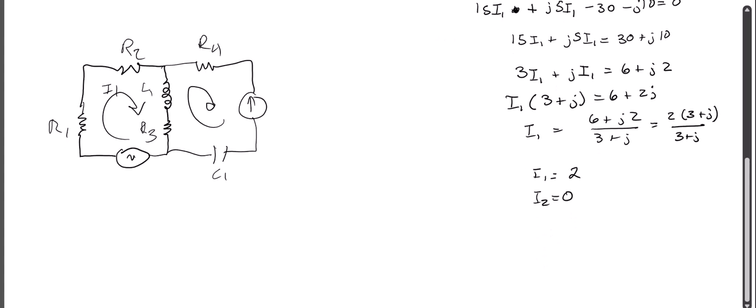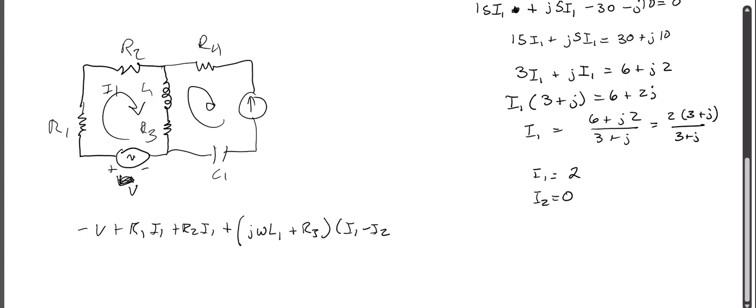So this would be, and this is V, I'll just say it's V. So minus V plus R1 I1 plus R2 I1 plus (j omega L1 plus R3) times (I1 minus I2) equals 0.